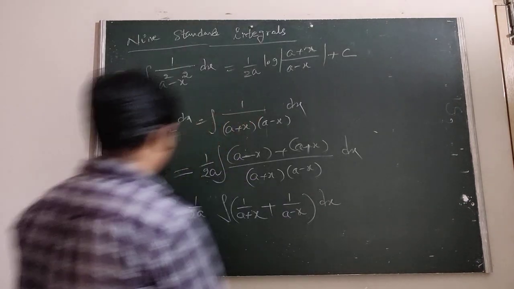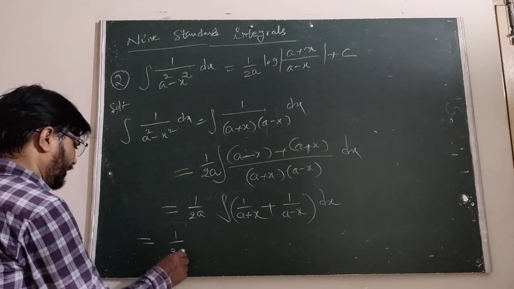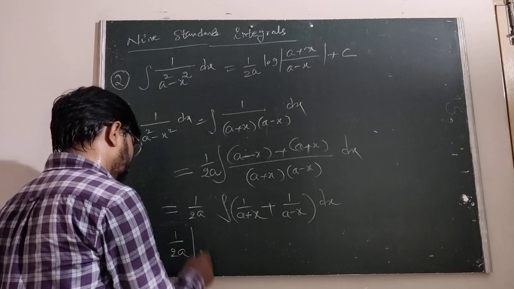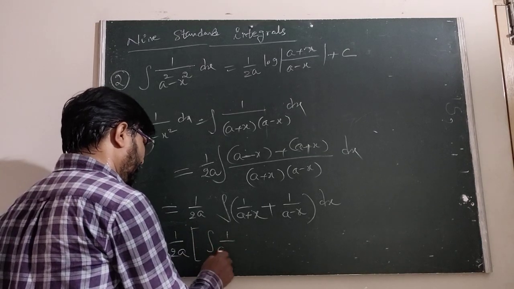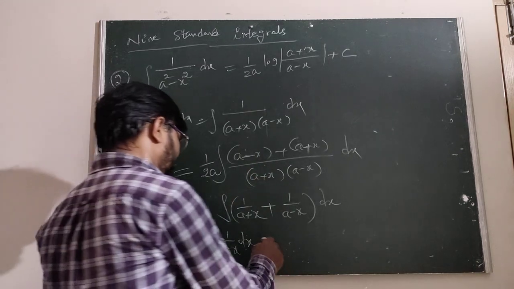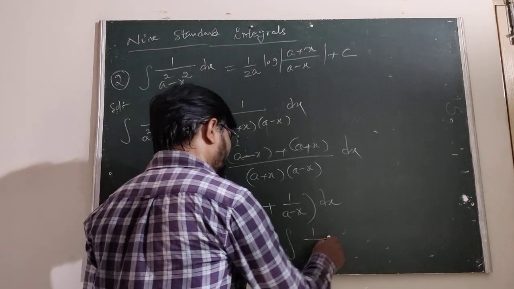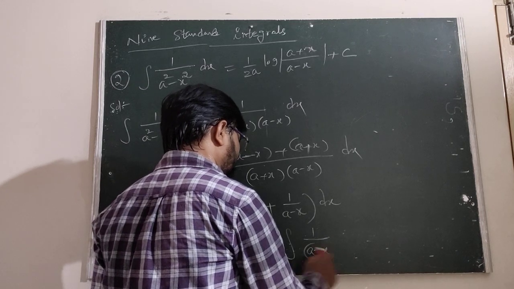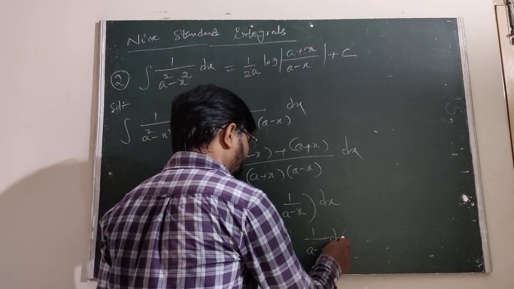Therefore we can write 1 by 2a, the integral of 1 by (a plus x) dx, plus the integral of 1 by (a minus x) dx.